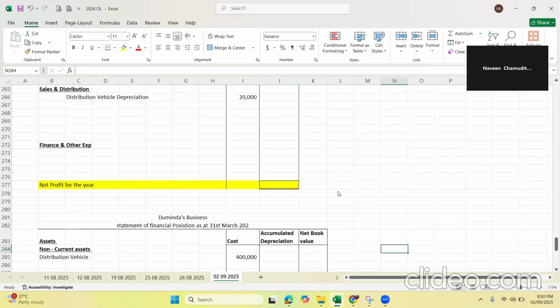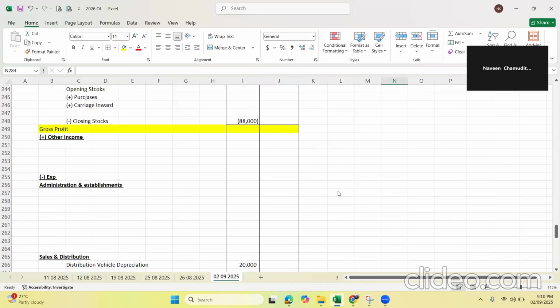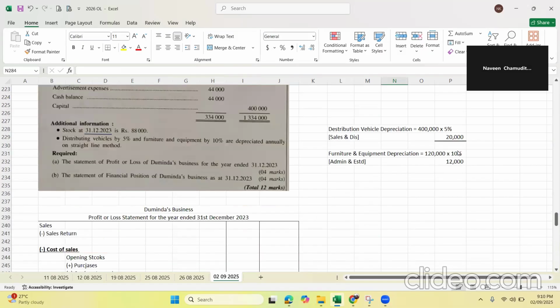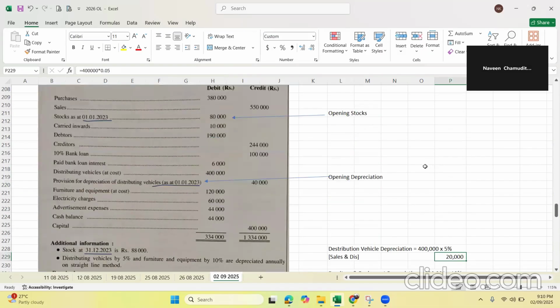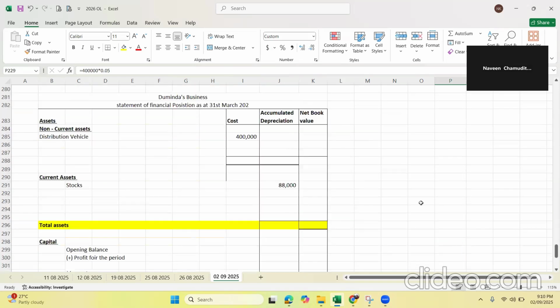Then we have to identify accumulated depreciation. How do you find accumulated depreciation? The charge for the year 20,000 plus the opening balance. Now see, carefully read, look at it. So the distribution vehicle opening depreciation we have 40,000 plus the charge for the year came 20,000.